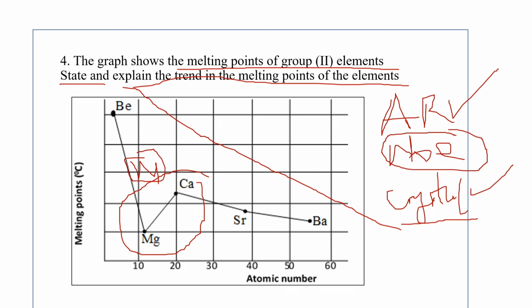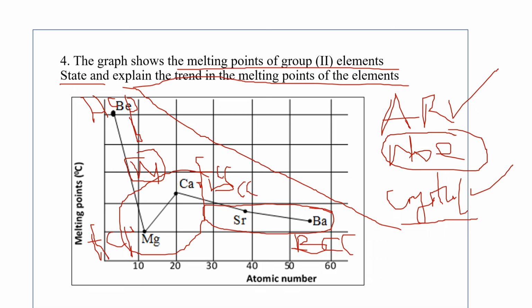Beryllium has a structure called hexagonal close packed, HCP. Magnesium also has hexagonal close packed. Calcium has two structures: in the solid state it is face-centered cubic, FCC, and when you melt it, it goes to another structure called BCC, body-centered cubic. Strontium and barium have body-centered cubic structure.